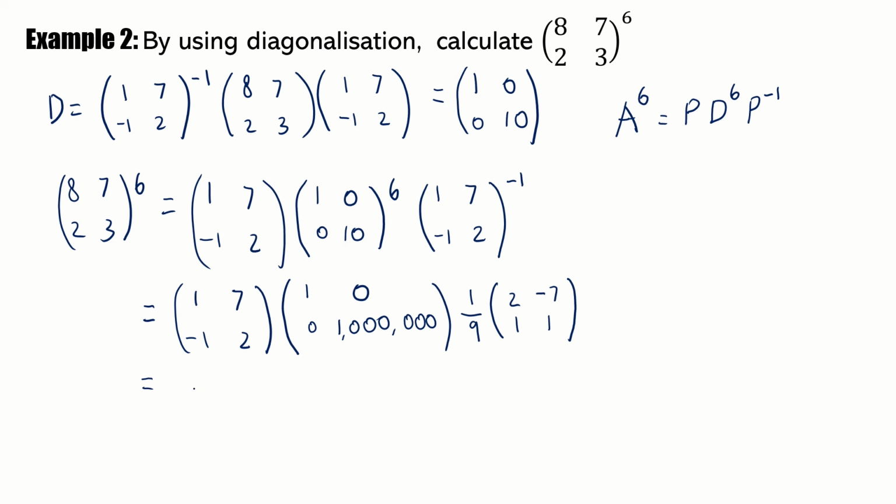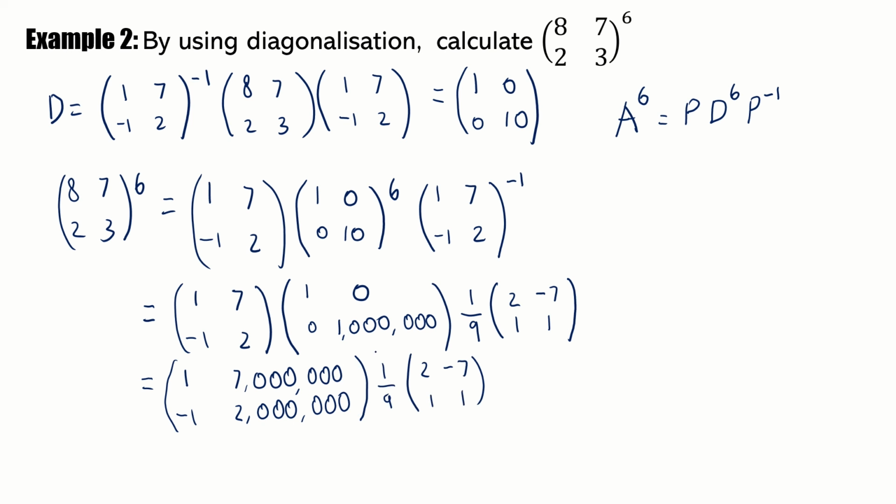And so therefore we can start multiplying this out. If we were to do that, multiplying these first two matrices together, we'd end up with 1, we'd end up with 7 million, we'd end up with minus 1, and we'd end up with 2 million. Working that out, we're going to end up with a 1/9 out the front. We're going to have 1 times 2, which is 2 plus 7 million, so that's 7 million and 2.